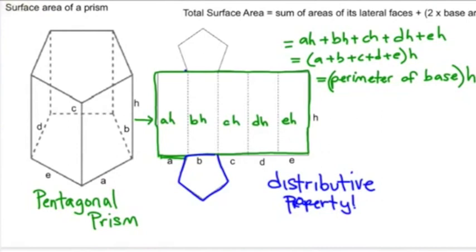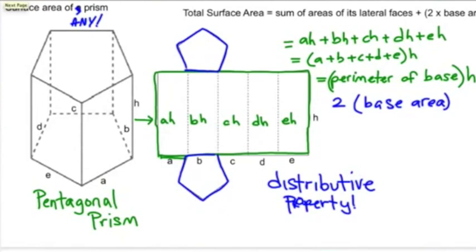So I need the area of this pentagon and of this pentagon, and that's times 2, and then I'm going to add those together. And that would get me the surface area of any prism. Any prism, although the exclamation mark shouldn't be there if we're thinking about proper grammar.